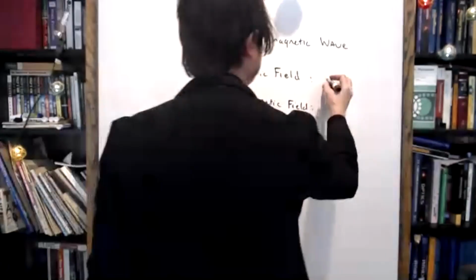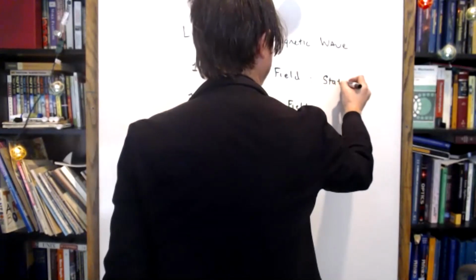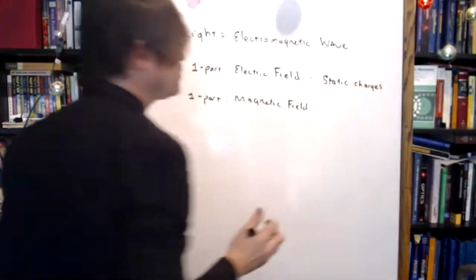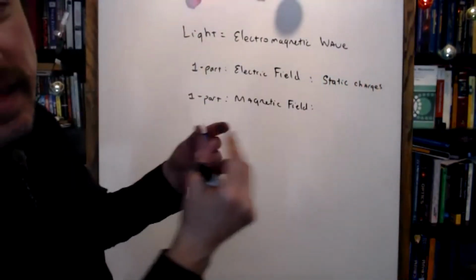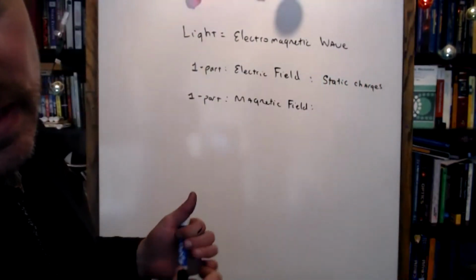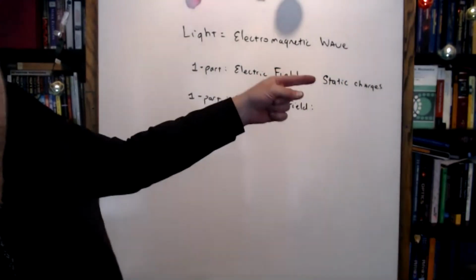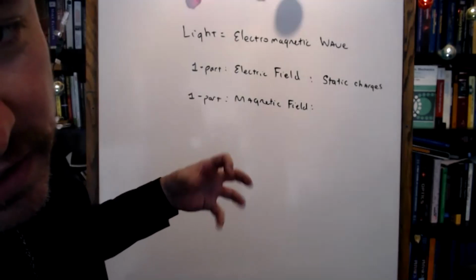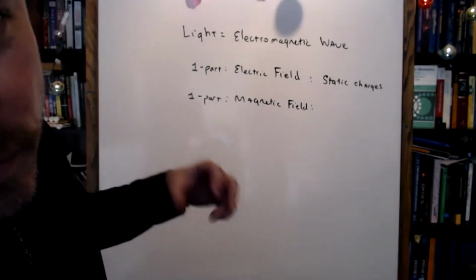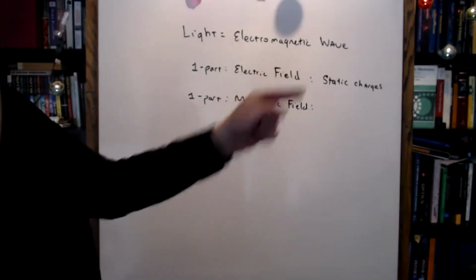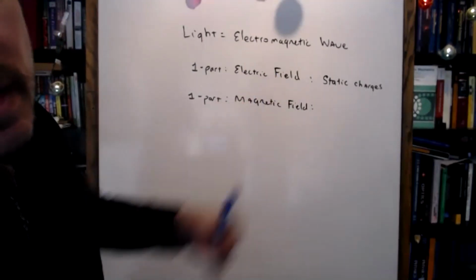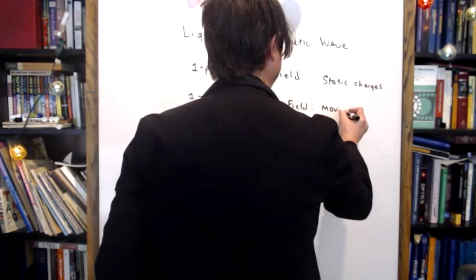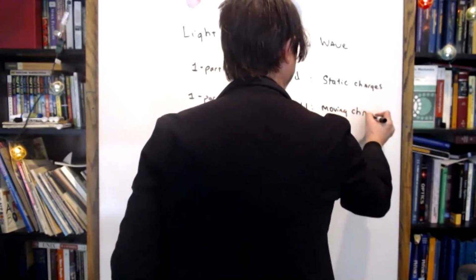The electric field is associated with static charges. Static charges are protons and electrons which are not moving. Pulling socks out of a dryer, when you hear them crackle, that's the electric field. When you wrap your burrito in saran wrap and the rubbery saran wrap sticks to your burrito, that's also static charges. It's also one part magnetic fields, and magnetic fields are associated with moving charges.